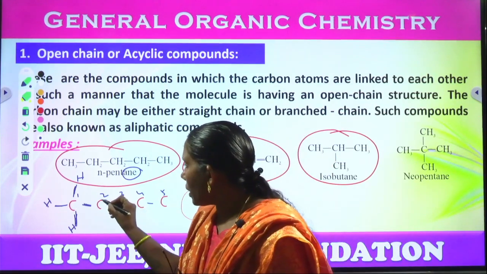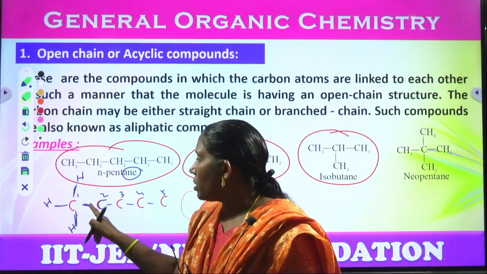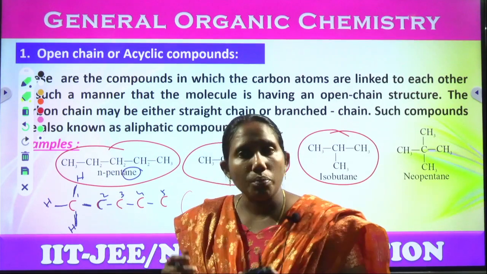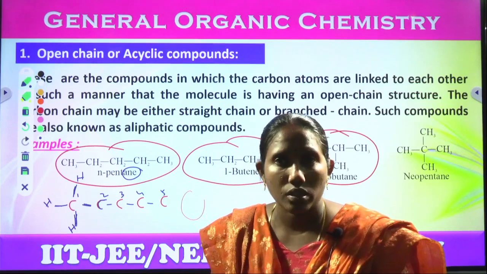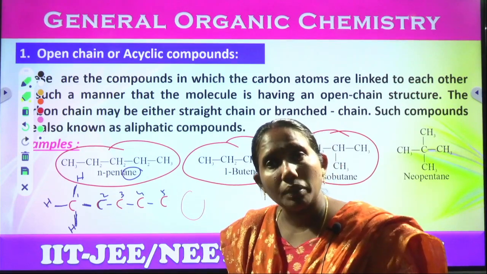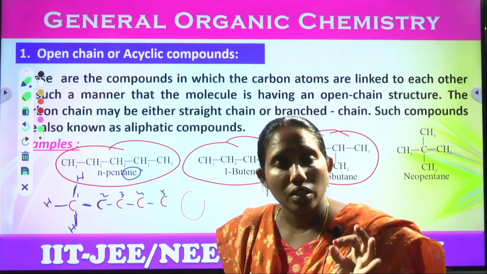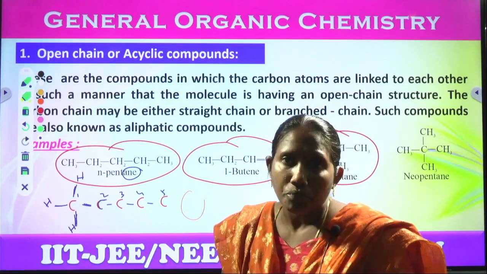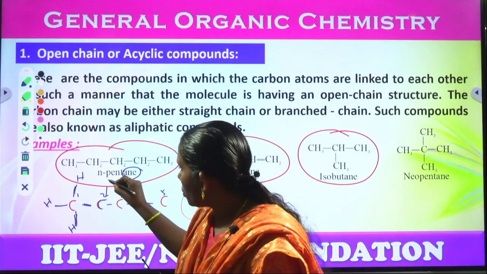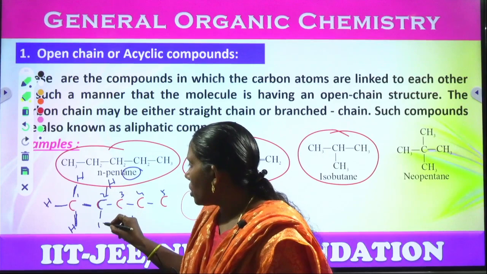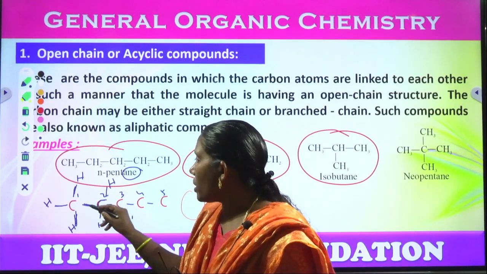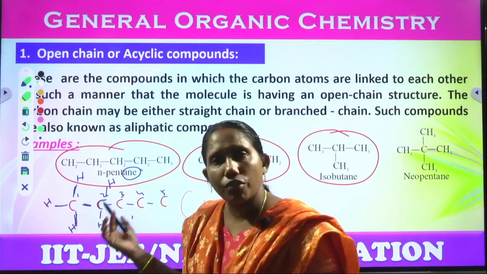Now come to the second carbon. This carbon has 1 bond on this side and 1 bond on this side, so it has only 2 bonds. But according to the carbon's capacity, it should have tetravalence, then only the structure is correct. So we add H and H, and now this carbon has 4 bonds.